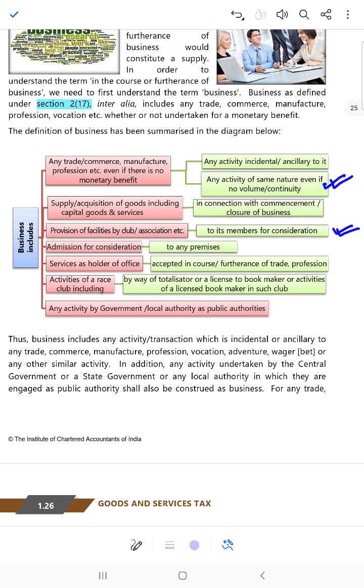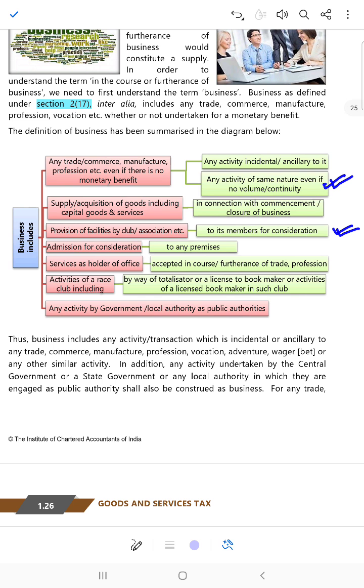For example, a doctor of a hospital, or a chartered accountant, if that person is also a director, so he's an office holder. Now in the course of that service, that office has been accepted because he is of a certain profession, then the service which he provides is leviable to GST.